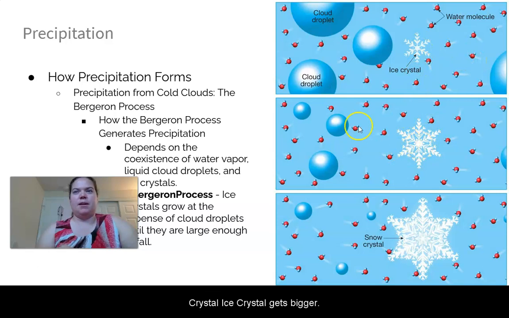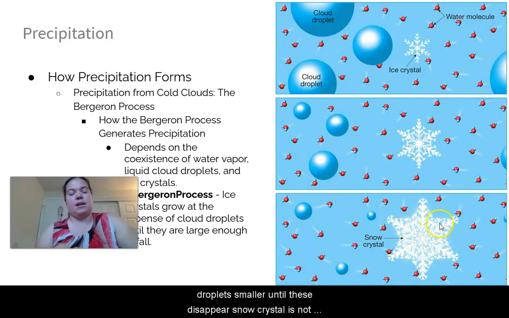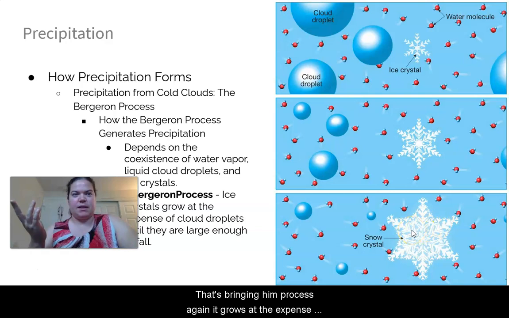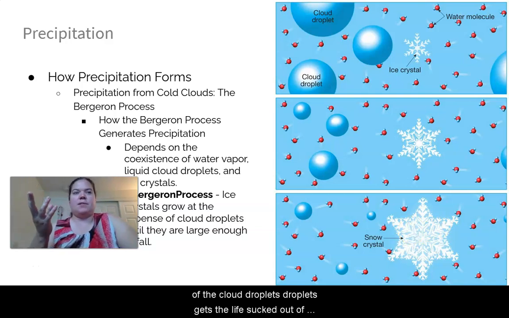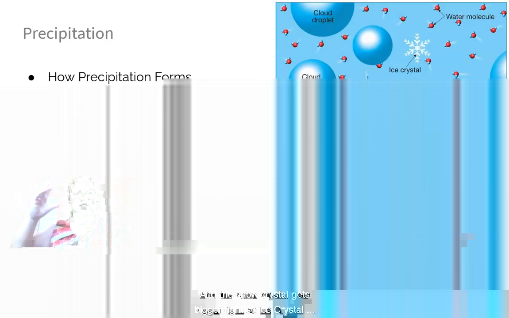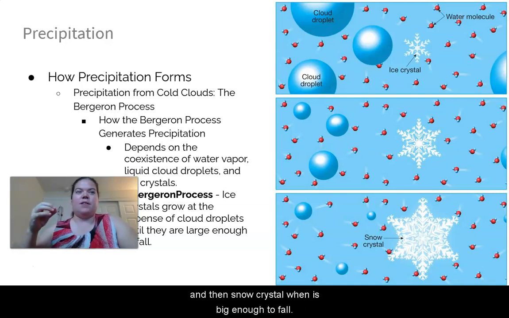Ice crystal gets bigger, cloud droplets get smaller, until these disappear. The snow crystal is now big enough to fall, and it falls to the earth. That's the Bergeron process. Again, it grows at the expense of the cloud droplets. So the cloud droplets get the life sucked out of them, just like vampires, and the snow crystal gets bigger, right? So ice crystal and then snow crystal when it's big enough to fall.